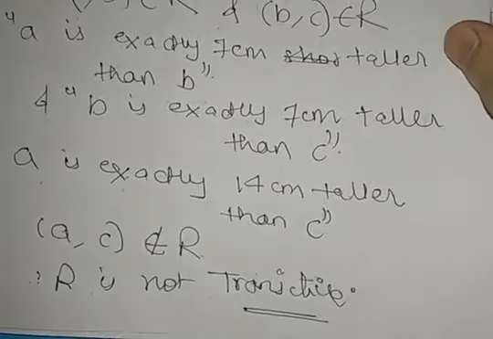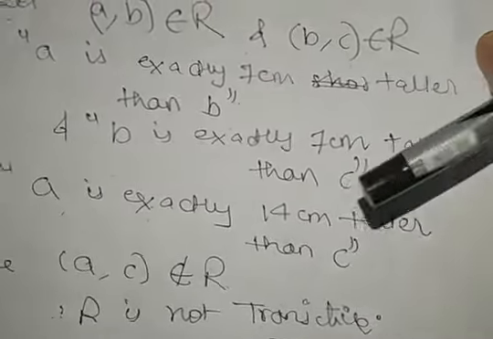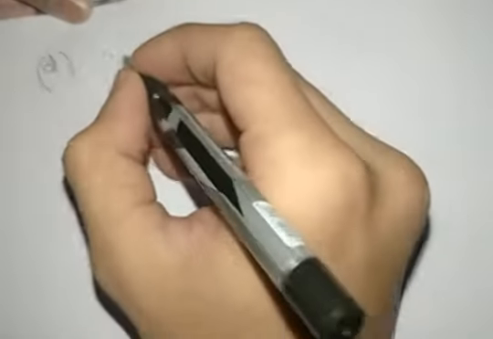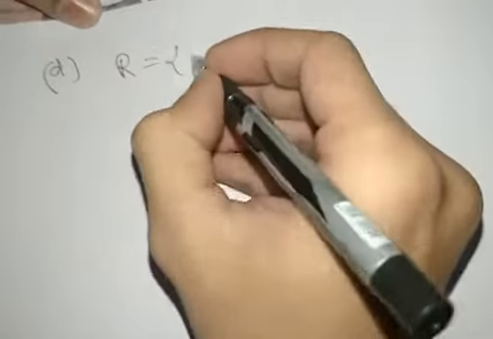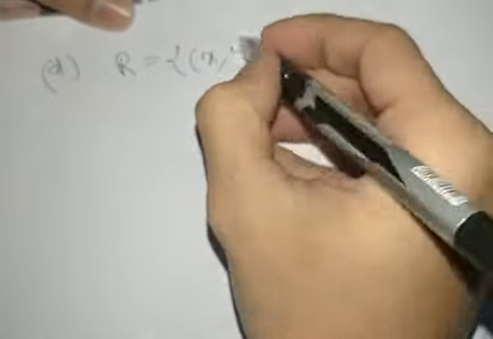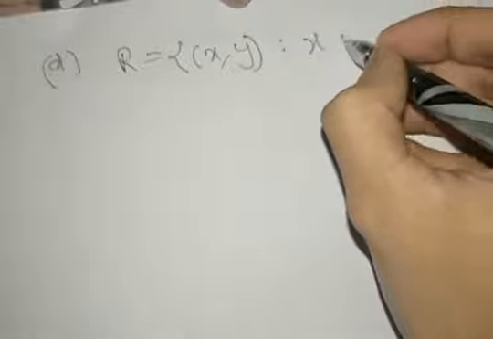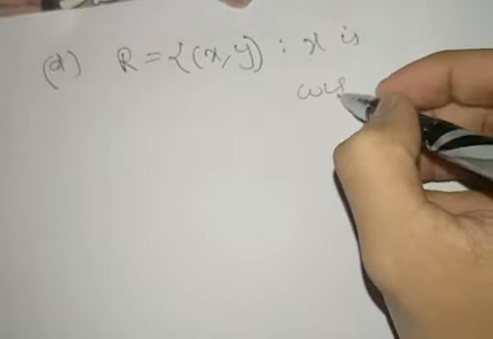So now let us go to D. The D problem is what, you have a set R which is equal to the set of all (x, y) such that x is wife of y.